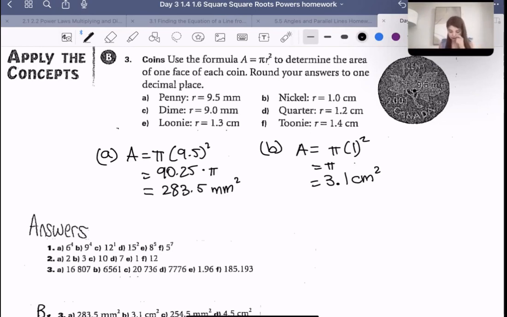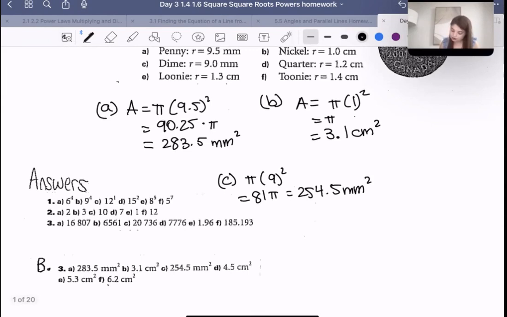Okay, let's try C. For dime is going to be 9 millimeters. So pi times 9 squared is going to be 81 pi. And if we type that into our calculator, we'll get 254.5 millimeters squared. There we go. All right, D is a quarter.